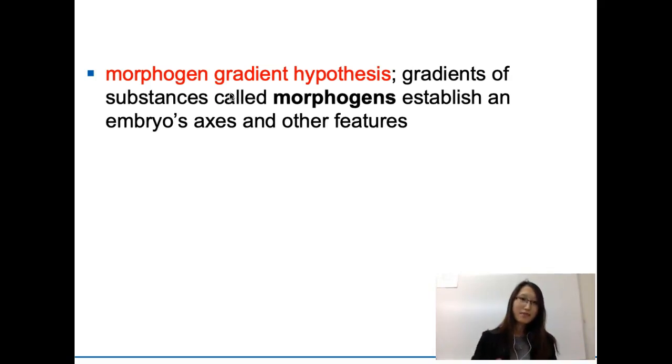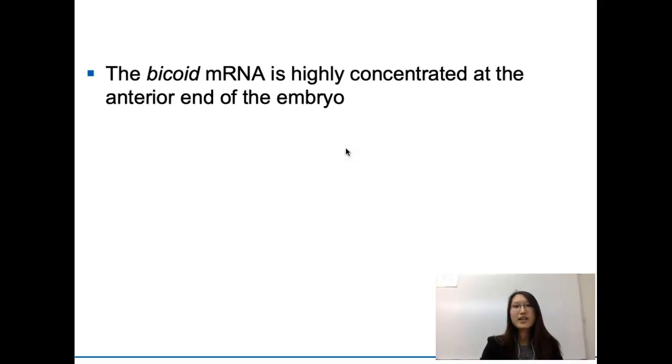This is another one that happens after the embryo has already formed a little bit, and the maternal effect gene acts on the embryo before it's even an embryo. So it acts on the unfertilized egg. Kind of wrap your head around that. So this right here, the bicoid.